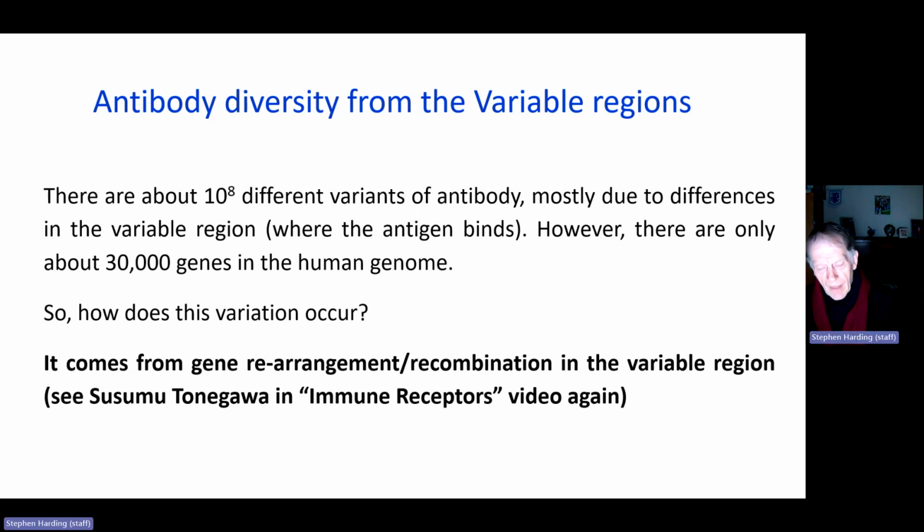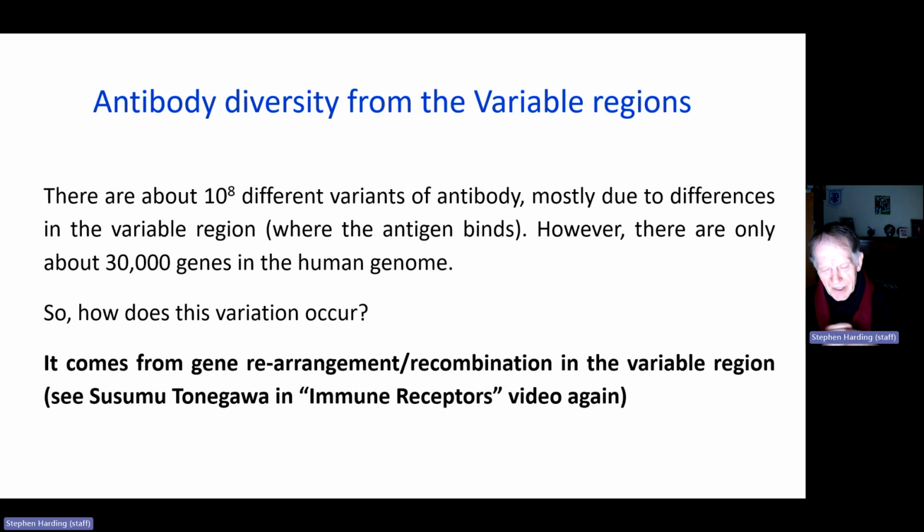It shows that he had this revolutionary idea, because it was previously thought that the genes were static structures and could not be rearranged.